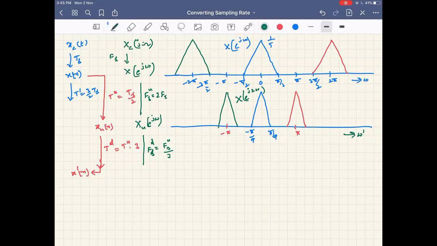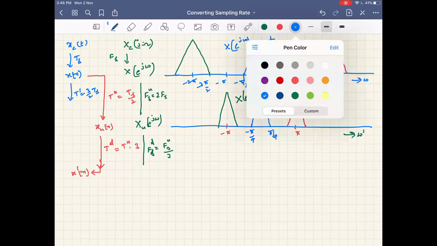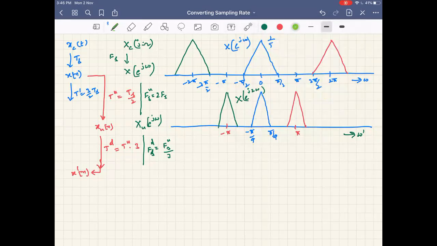Now what we want to do is apply a low pass filter to avoid these repeating patterns. So let us apply the low pass filter. The low pass filter has to span the region minus pi to pi here.